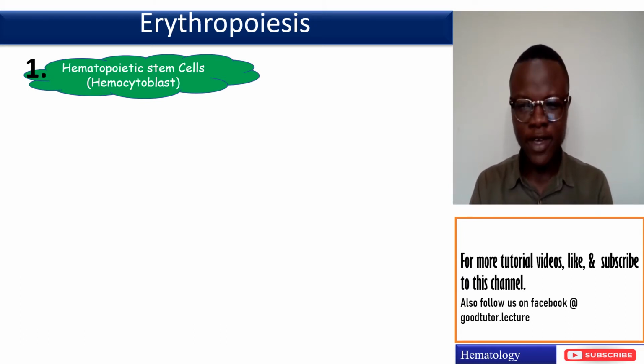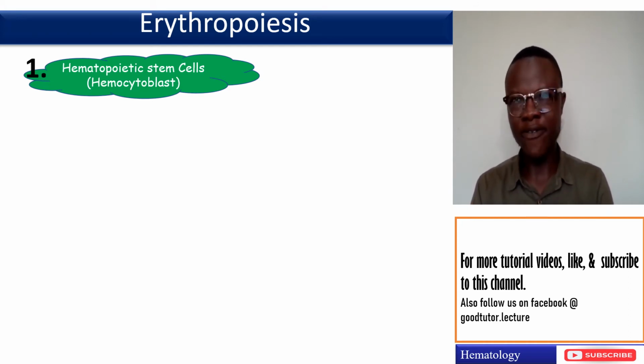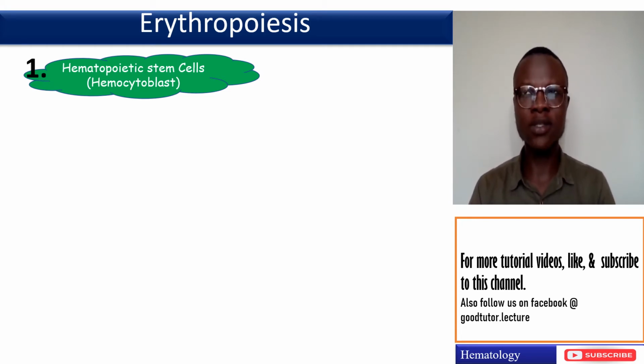To be specific, the type of cell that we are dealing with here is the hemocytoblast. What are these cells? Whenever you hear stem cell in the development of the human body, you know that they are talking about cells that have the potential to develop into other body cells, that is, the mature ones.